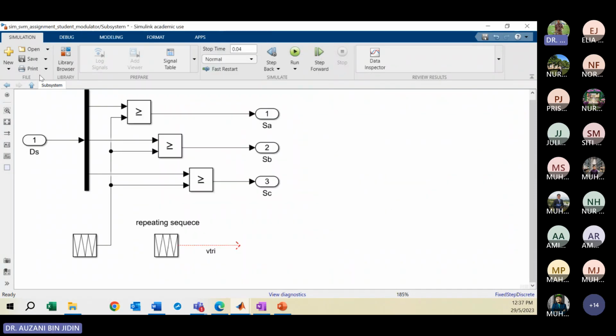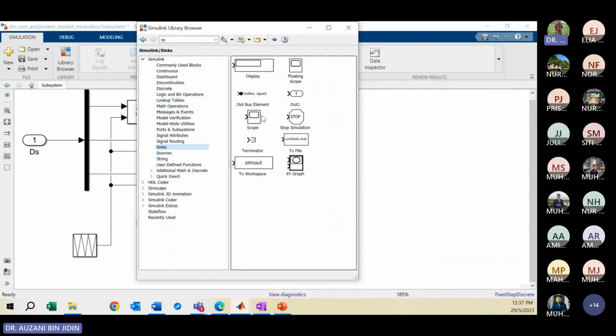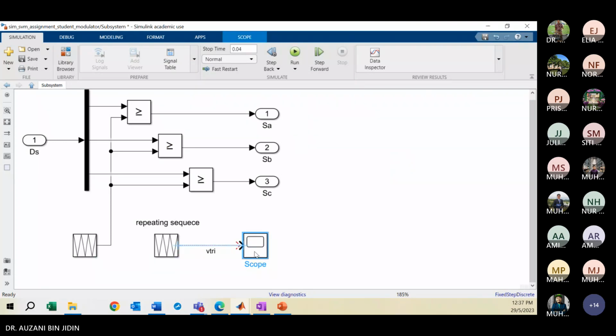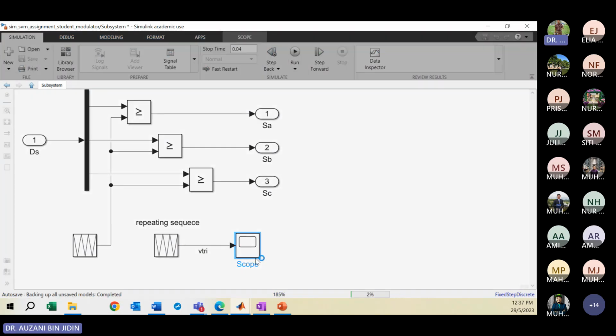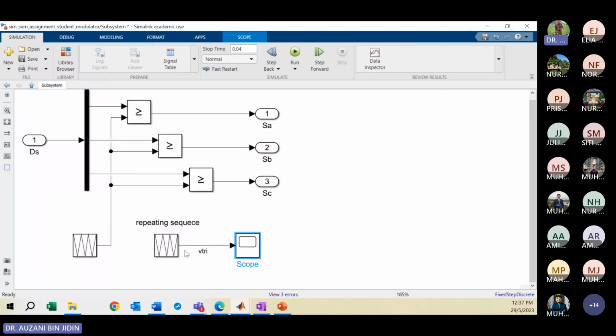Under the Sim library, go to scope here. Then you can check your design, is it right or not? You press the run button. This one is optional, no need to do this one. I just wanted to show you. Okay, never mind. This one is only to verify.